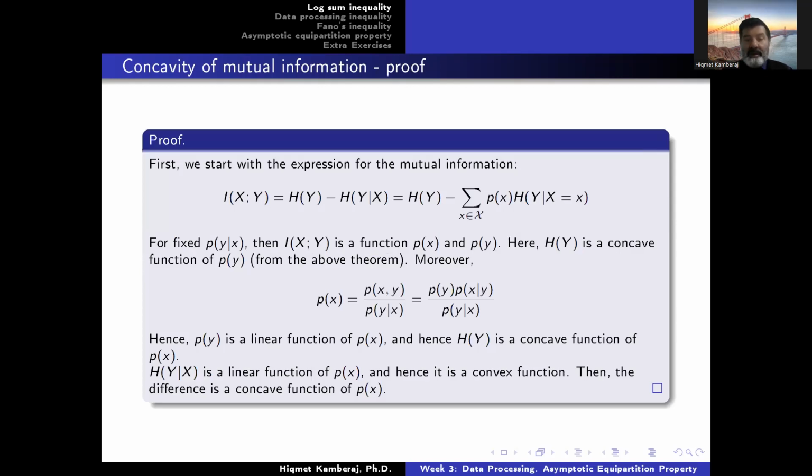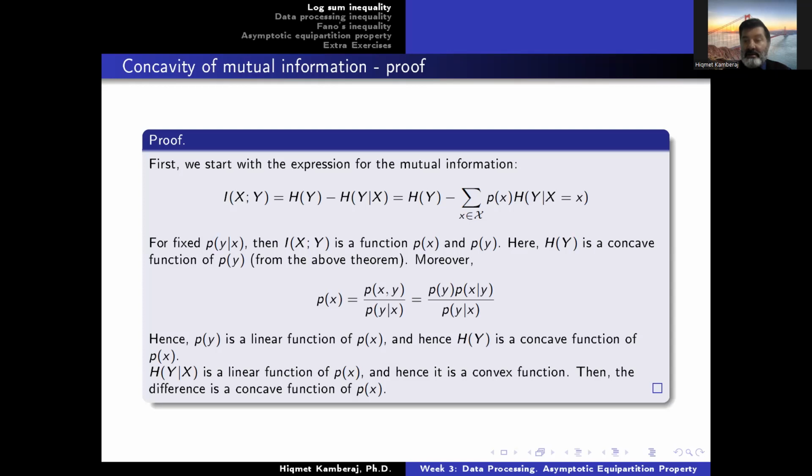First we start with the expression of the mutual information. The mutual information between x and y is equal to the difference between the entropy of y minus the entropy of y given x. Or we can write it as the entropy of y minus the conditional entropy, written as the sum over all x from chi of P of x times the entropy of y given x equal to x.